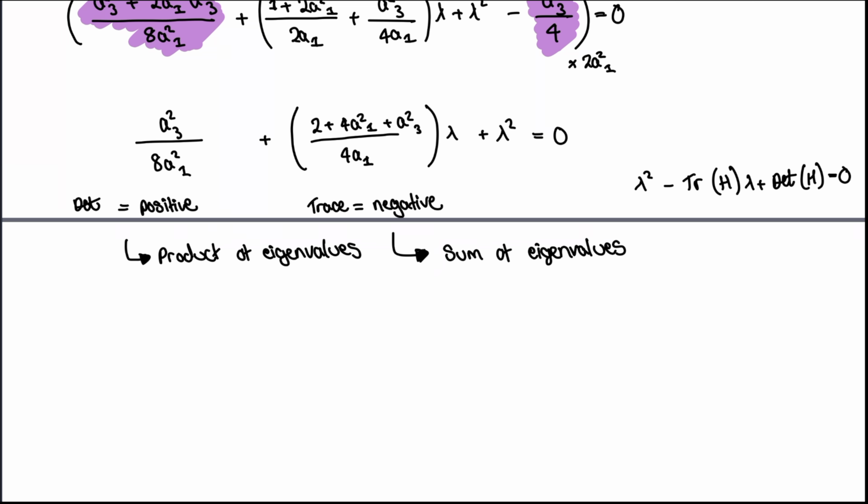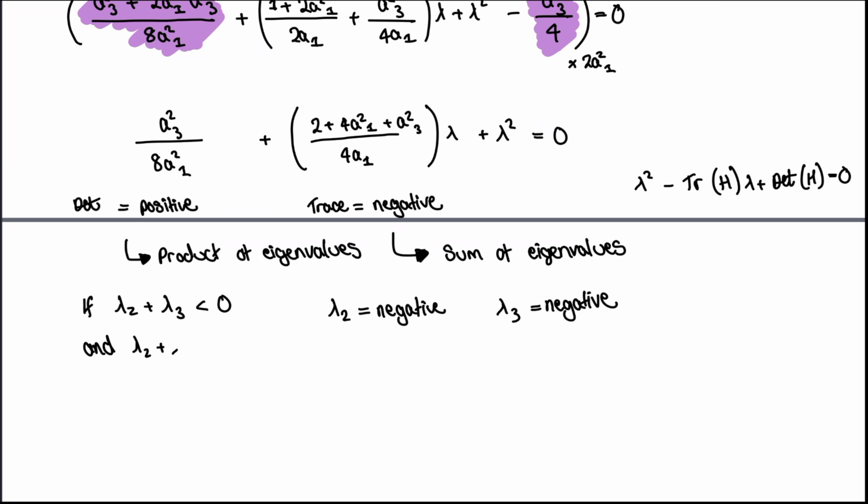So we can say that these two eigenvalues have to be negative. So if lambda 2 plus lambda 3 is less than 0, and lambda 2 times lambda 3 is greater than 0, then lambda 2 and lambda 3 both have to be less than 0.